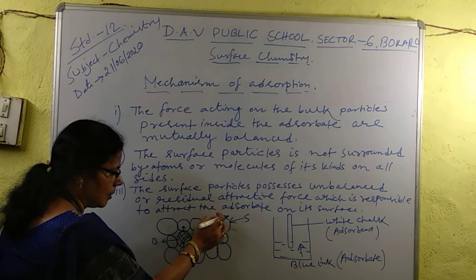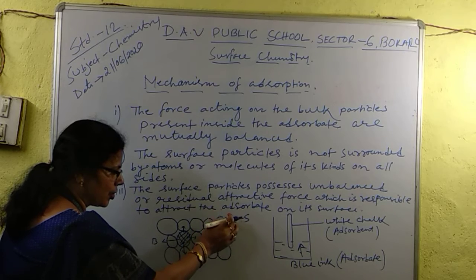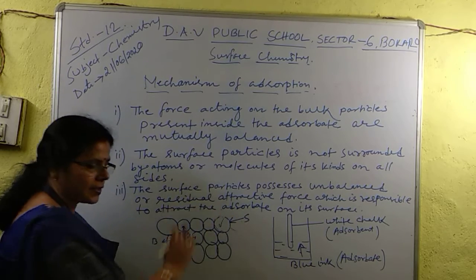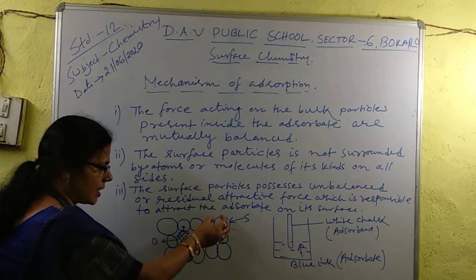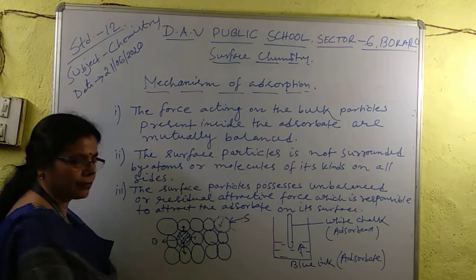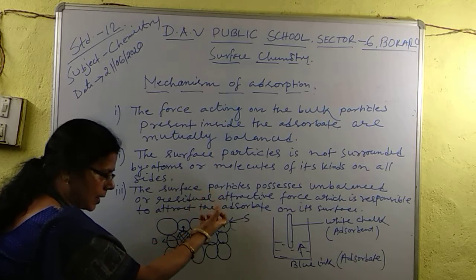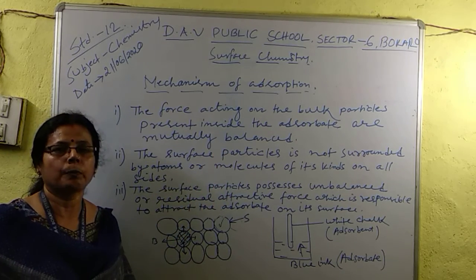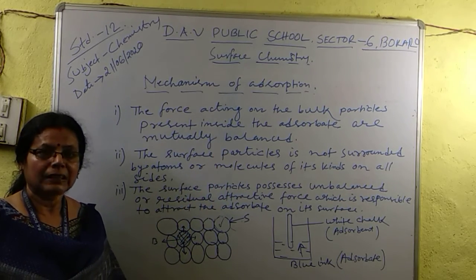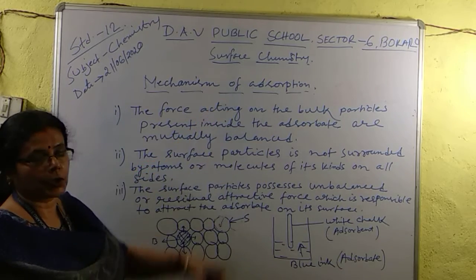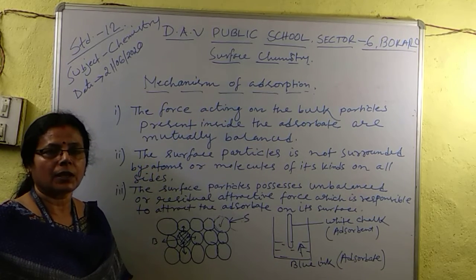This is the particle of the adsorbent at the surface, and it possesses an attractive force, which is responsible for attracting the particles. So this is the mechanism of adsorption. Why does adsorption take place?